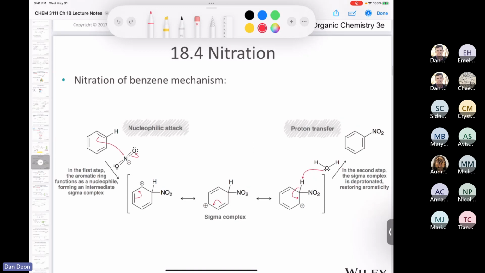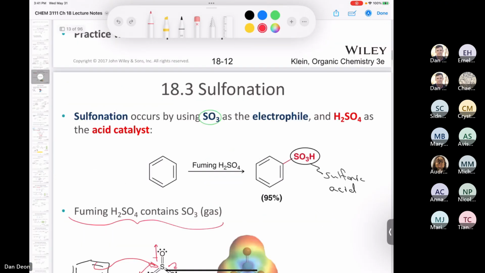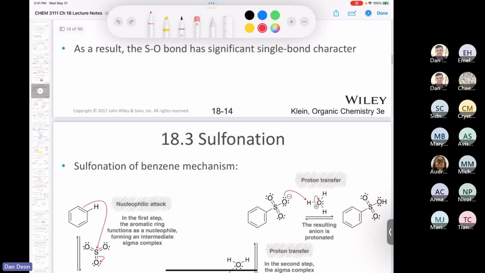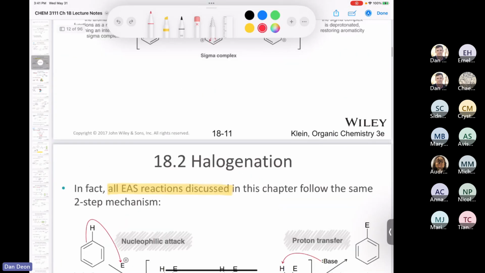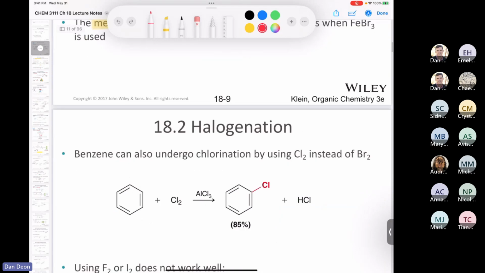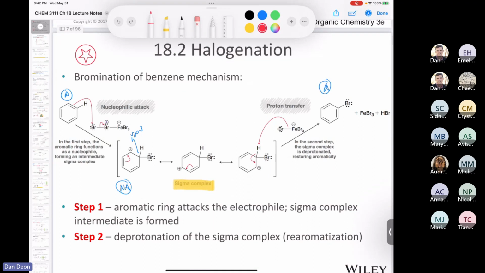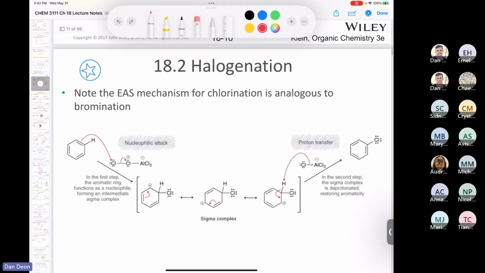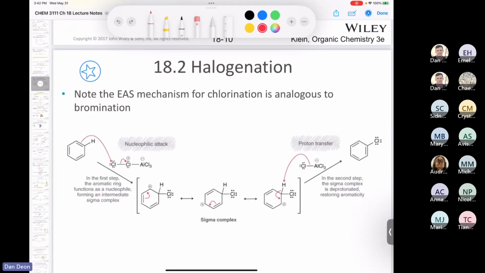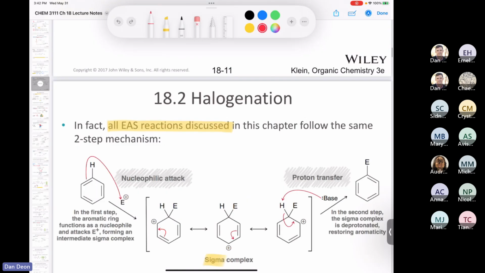Yes, absolutely. Remember, Audrey, I said the electrophilic aromatic substitution mechanisms. If we go all the way back here, any mechanism, where was the first one? Okay, this is electrophilic aromatic substitution. This one here, bromination. This one here, it's the same thing, electrophilic aromatic substitution, just chlorination.